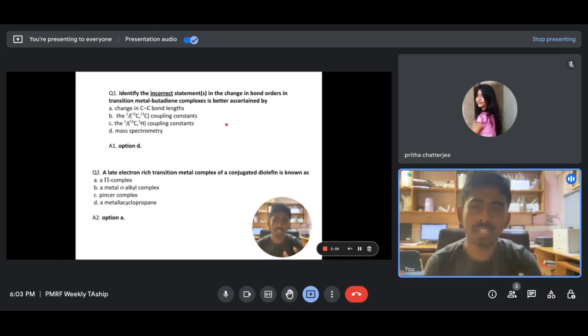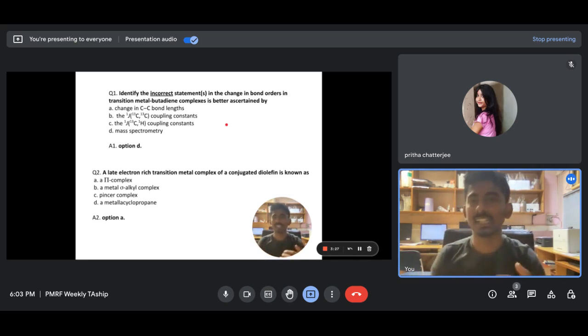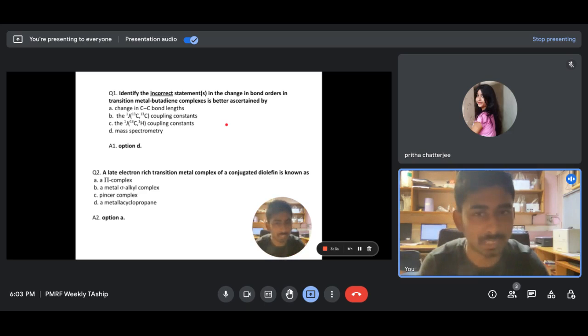Whenever a butadiene forms a transition metal complex, the electron flow goes from the butadiene to the transition metal, because metals are electron deficient and this ligand is able to donate electrons to the metal center. Whenever butadiene or any such ligand delivers electrons to the transition metal, there will be some change in the bond length.